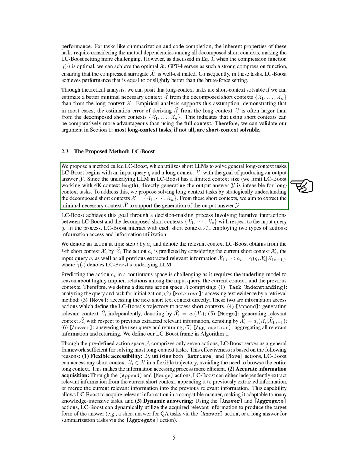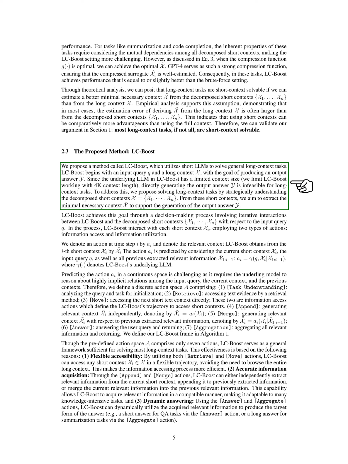LC Boost aims to extract the minimal necessary context X̃ from decomposed short contexts X_1, ..., X_n to generate the output answer Y. Through a decision-making process involving interactions with the short contexts, LC Boost accesses and utilizes information strategically to achieve this goal.